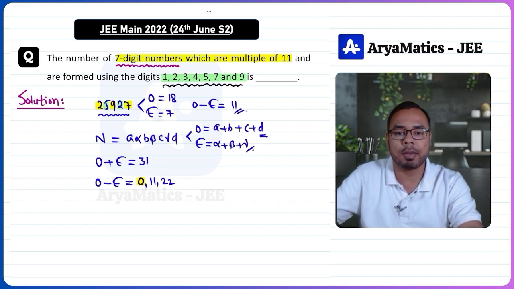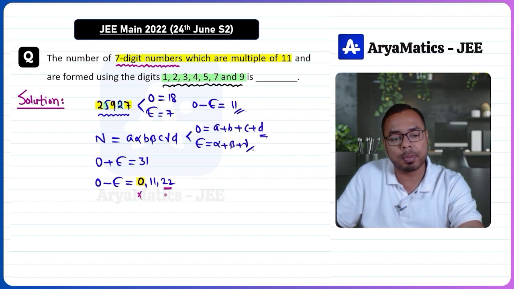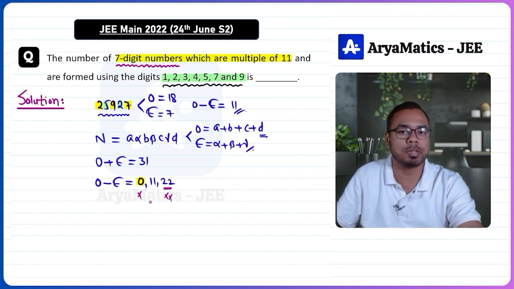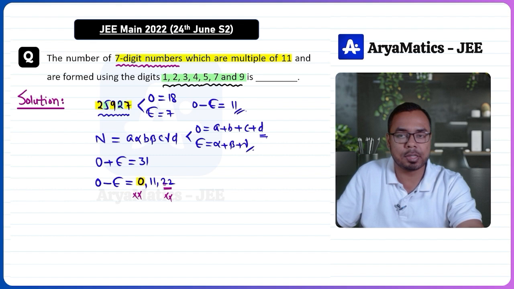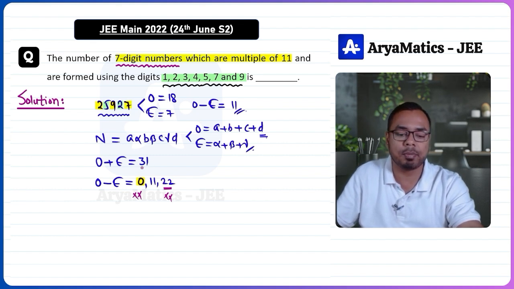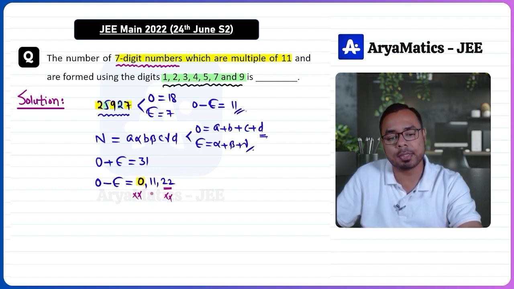Hence we cannot have this case; we cannot have O minus E as 0. Using similar logic, you can show that O minus E cannot be 22 either, because if O minus E is 22 and O plus E is 31, then 2O will be an odd number, which means O will be a fraction. So the only possibility is that O minus E must be 11.